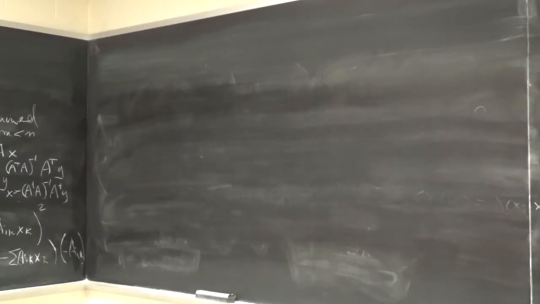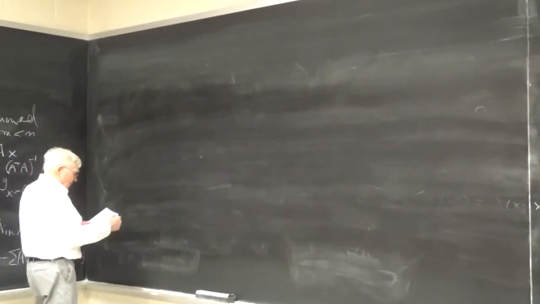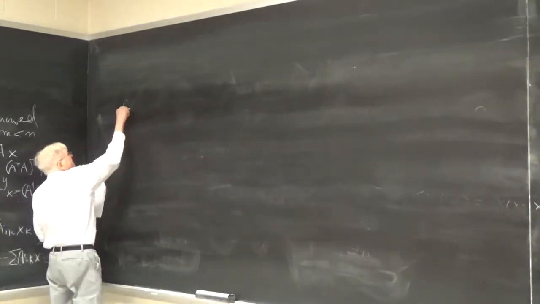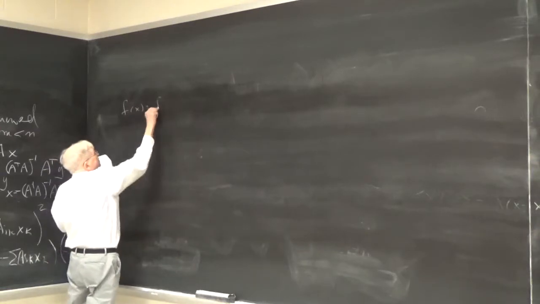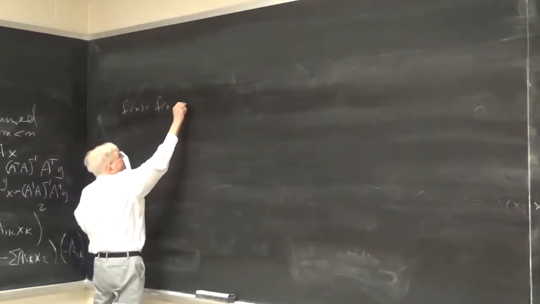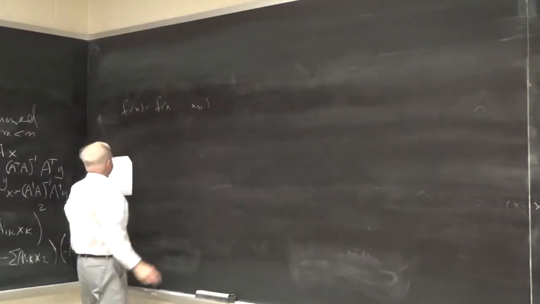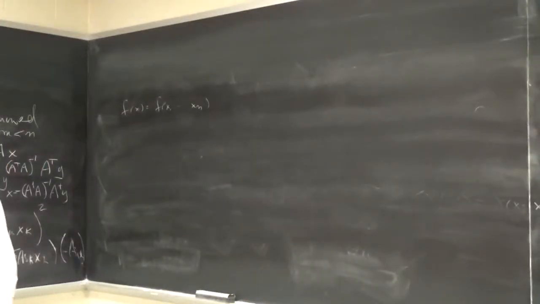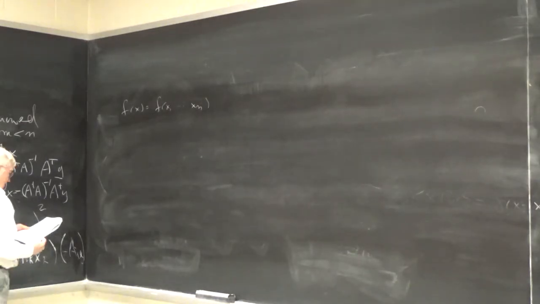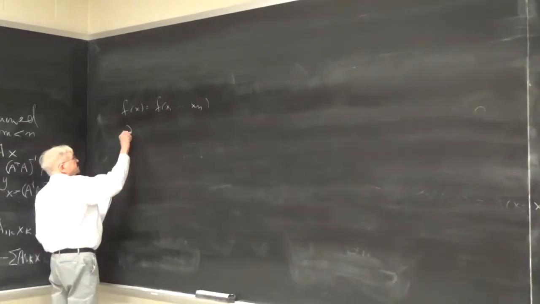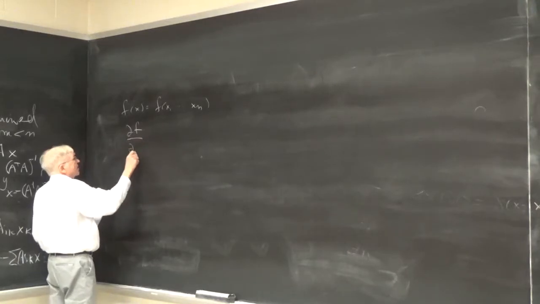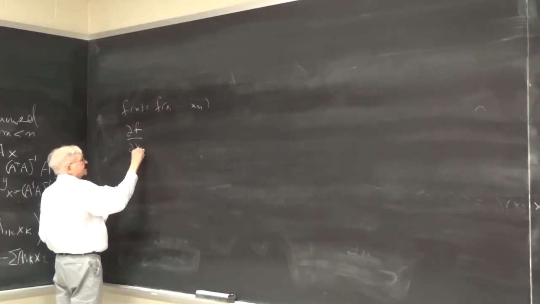Now, Lagrange multipliers. So, if you have just the function f of x, say f of x1, through xn, then the extrema of this, or among the stationary points, are given by partial f partial xk equal to 0.